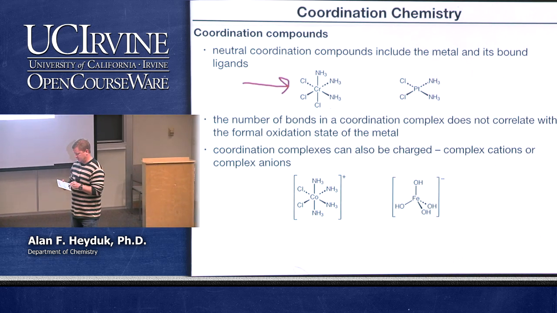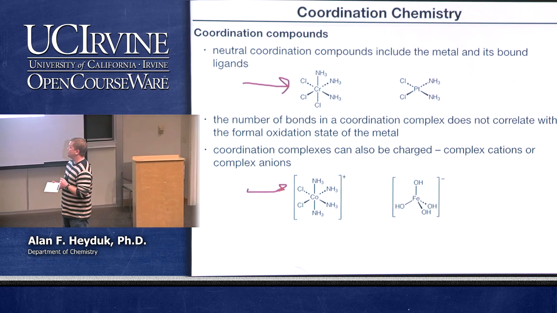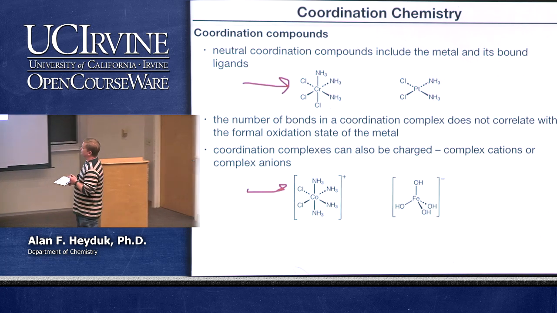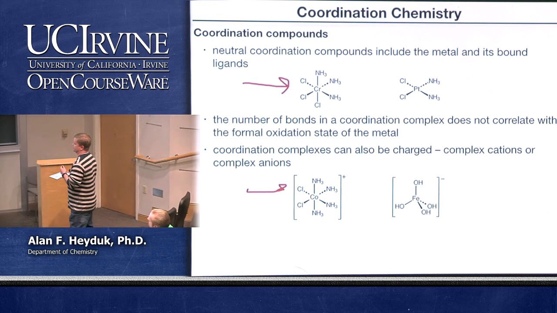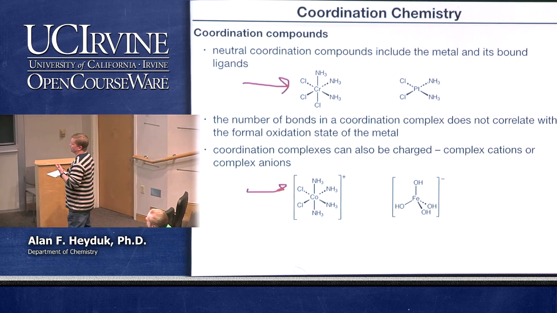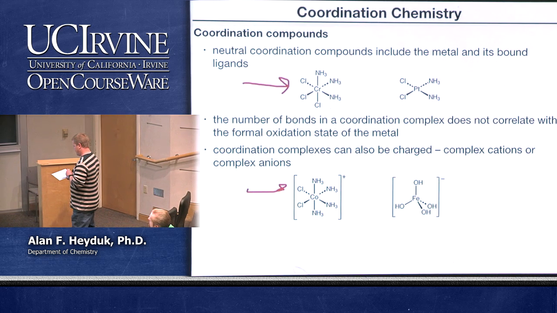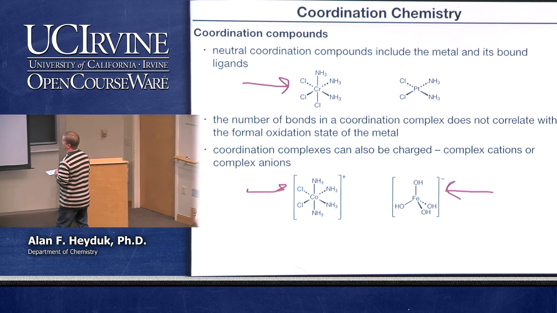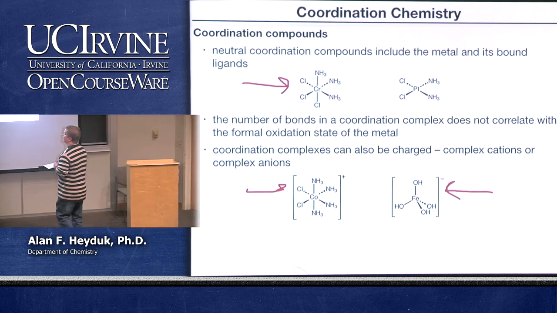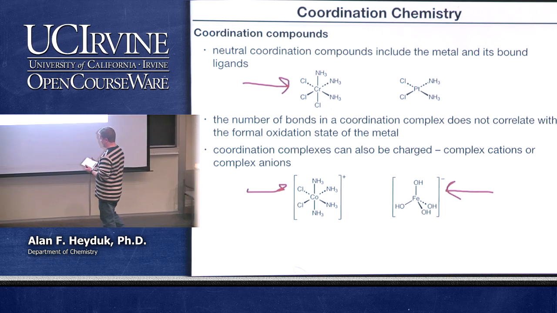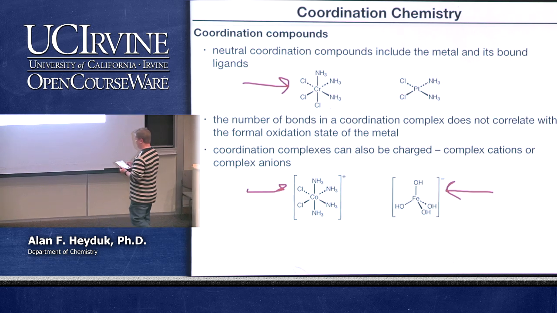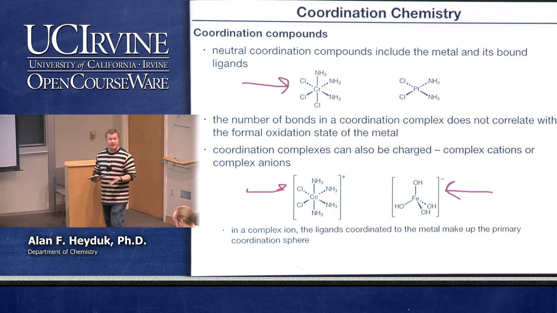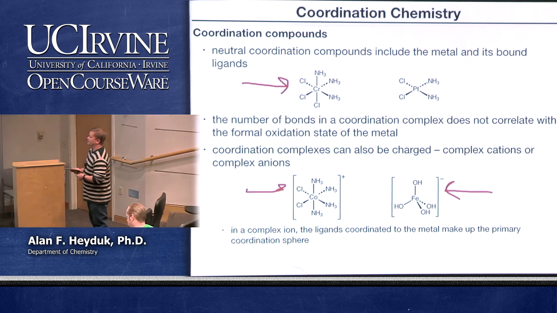So in this complex, the cobalt oxidation state is still +3, even though it's still a 6-coordinate complex. The complex on the right, it's iron with 4 hydroxides. It's a monoanion. The oxidation state of that iron center is also +3. So again, no correlation between the number of Lewis bases coordinated to a metal and the oxidation state.